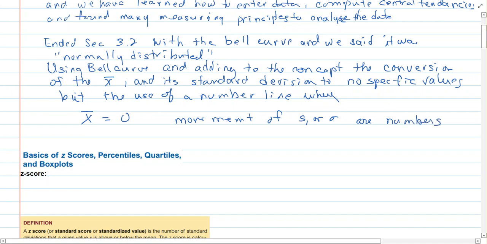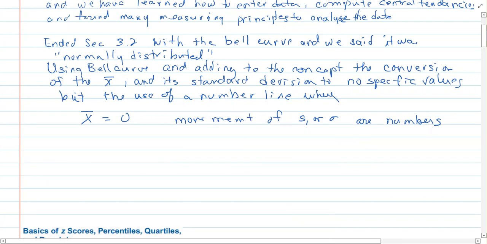So let me write that out for you. Okay, the reason is because we're finding z-scores.